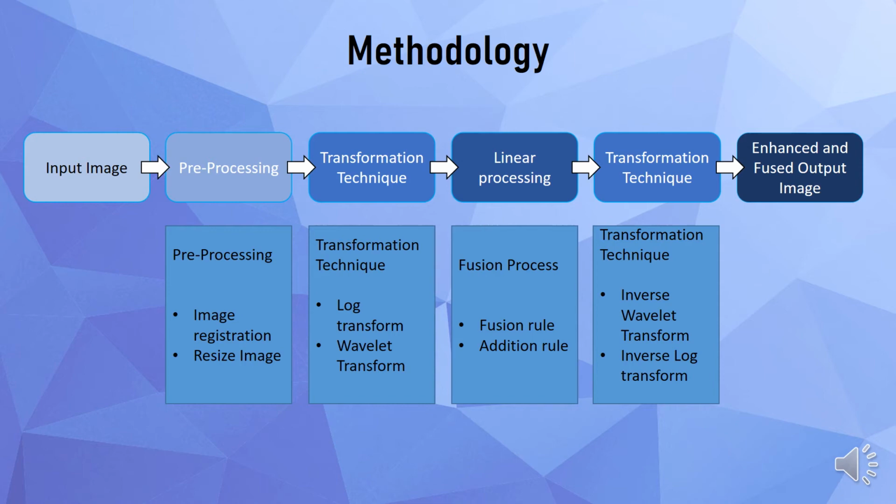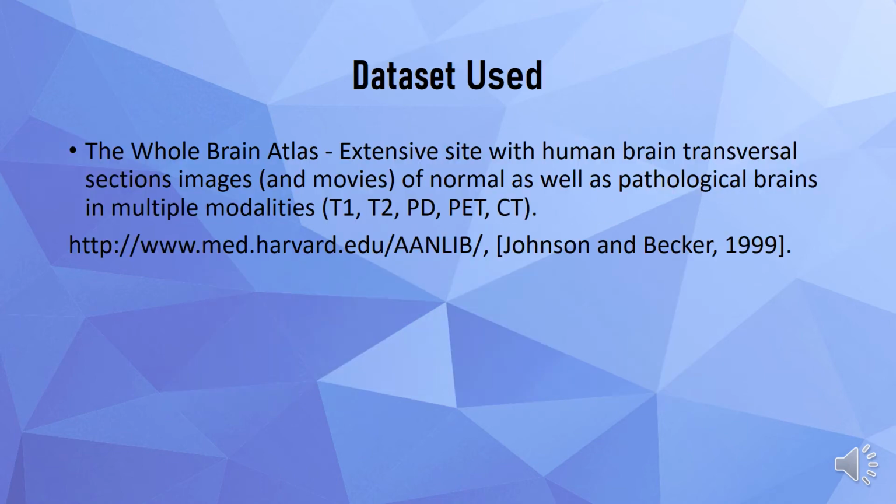After that, we do the linear processing, mainly the fusion process using the fusion rule and addition rule. Then we go through the inverse transformation, the inverse wavelet, then the inverse log, which is the exponential. The output is the enhanced and fused output image.